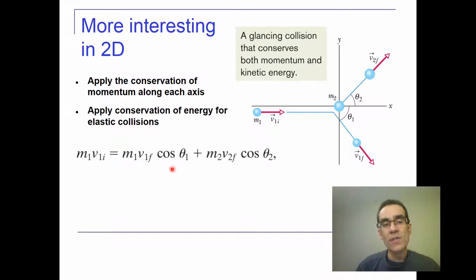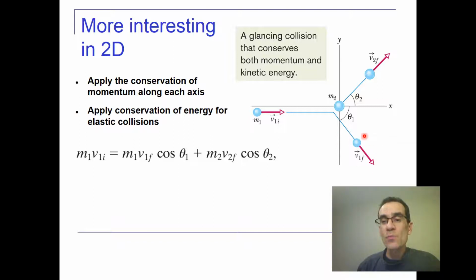Now, what is on the right-hand side of the equality? These two terms represent the linear momentum of the particles after the collision. Let's analyze that. What is this? m1 v1f. Take this mass, m1, times v1f.